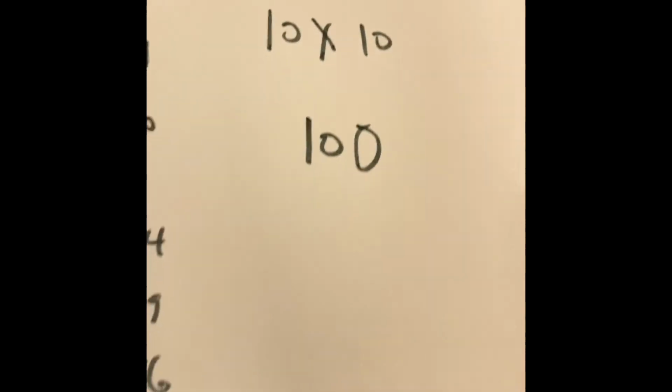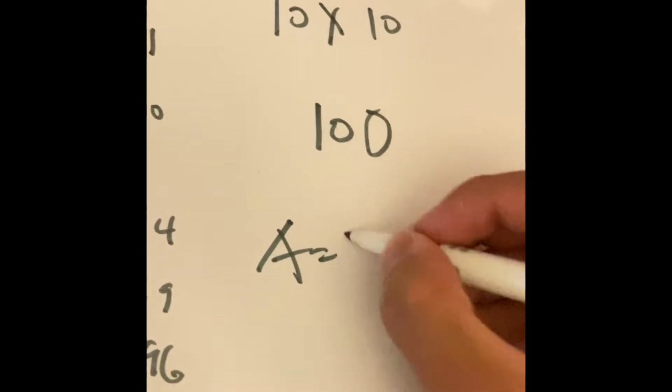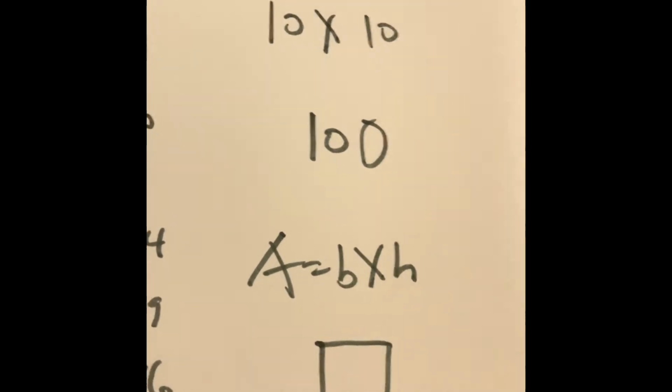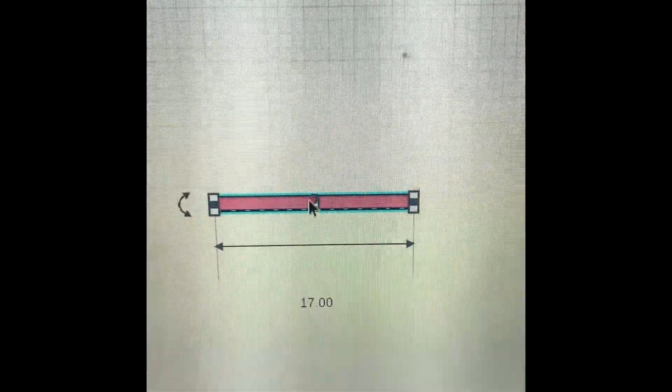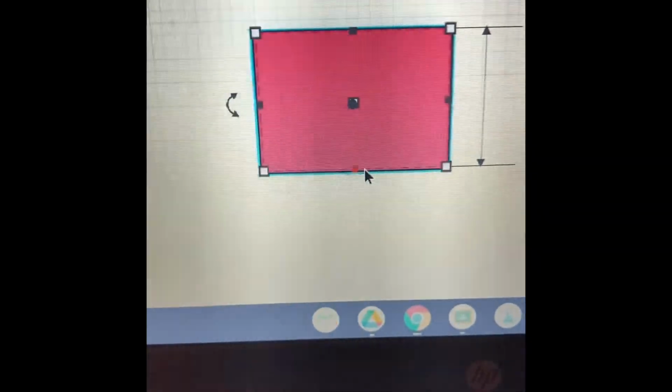If you relate it to geometry, we have area equals base times height for a square. Here's an example: we have a line that is the length, multiply that by the width, and when we do that, we get a square.